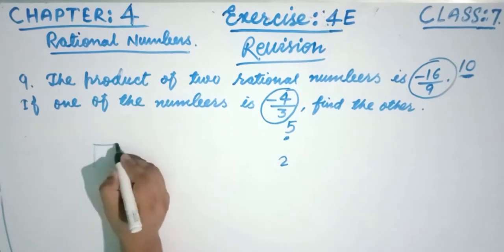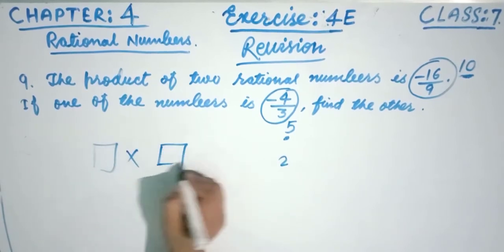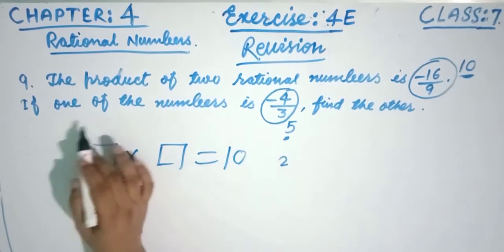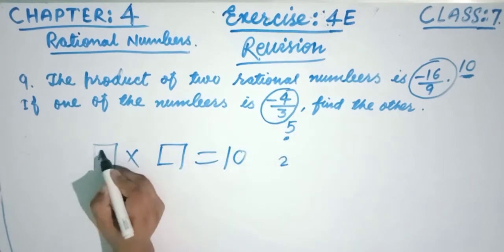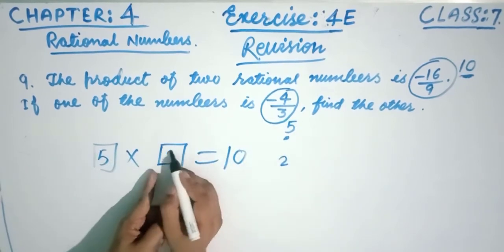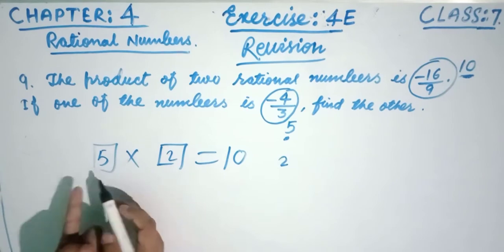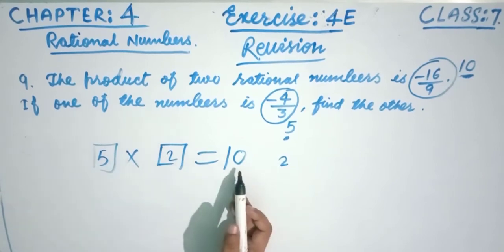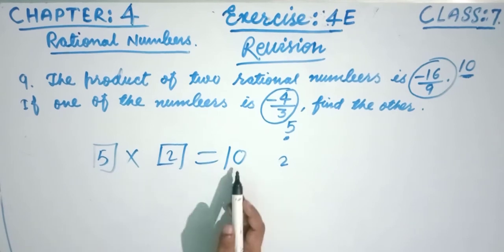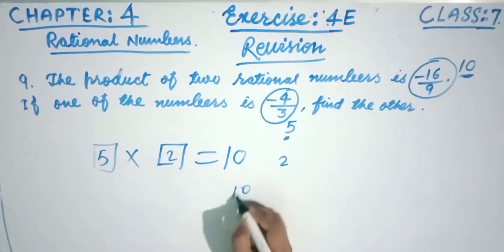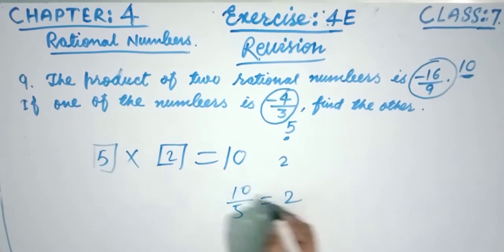Suppose one number is here and another number is here, and the product of the two numbers is here. If one of the numbers is given as 5, then the other is, and you will say 2. Why? Because 5 multiplied by 2 becomes 10. But this is not the exact concept. The concept is 10 divided by 5, friends, 10 divided by 5, then you will get 2.